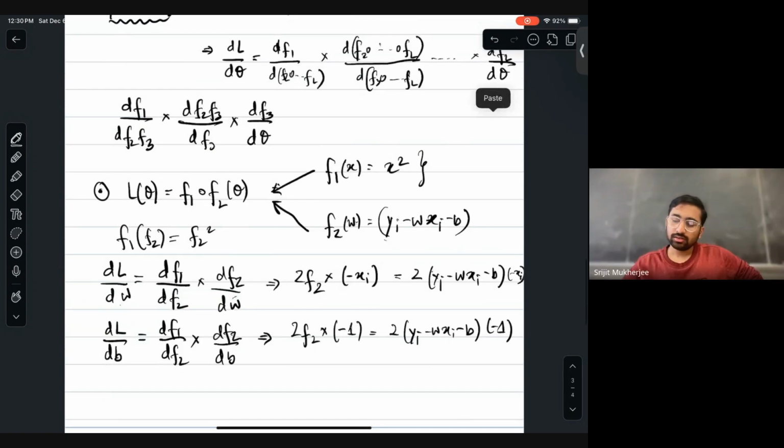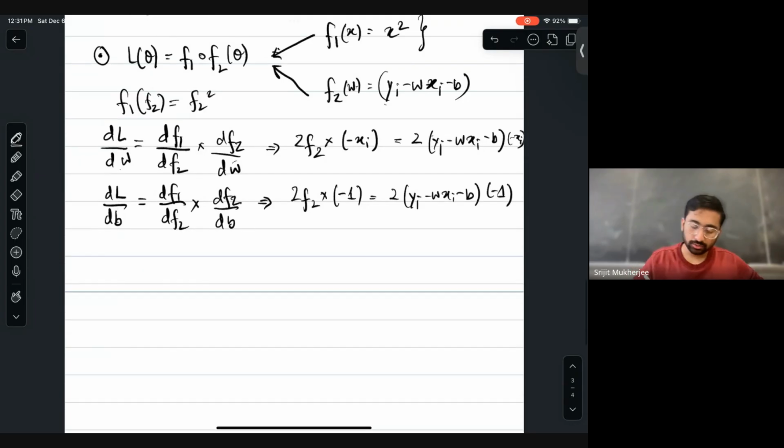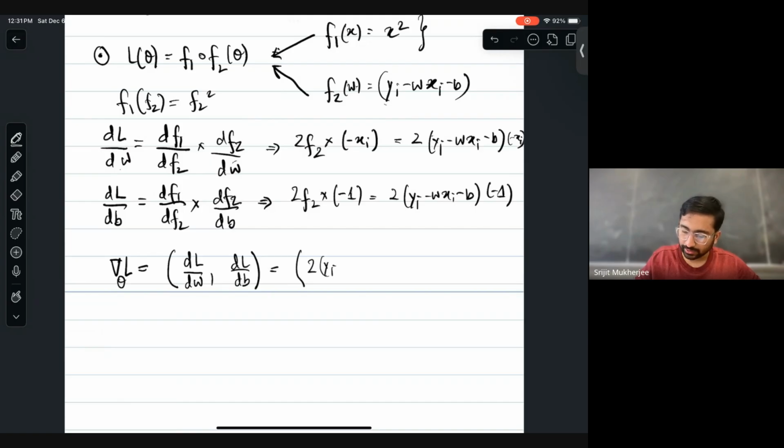So we are getting the derivative for both. Now if you do del L of theta, it will be nothing but dL by dw comma dL by db, which will be minus 2 times xi times yi minus w xi minus b, comma minus 2 times yi minus w xi minus b.